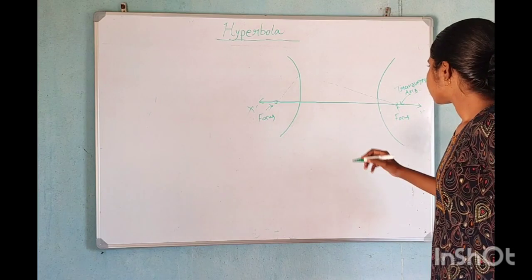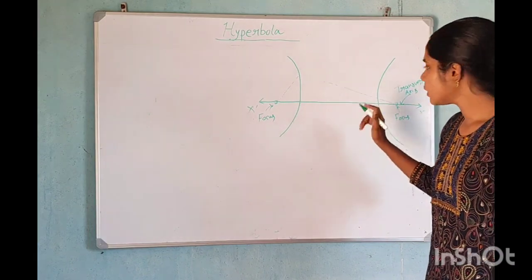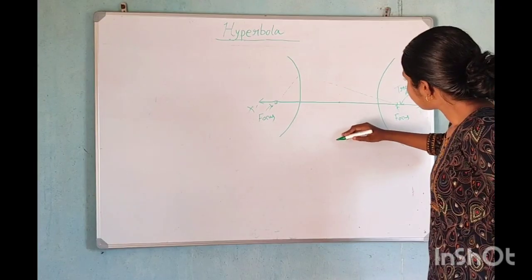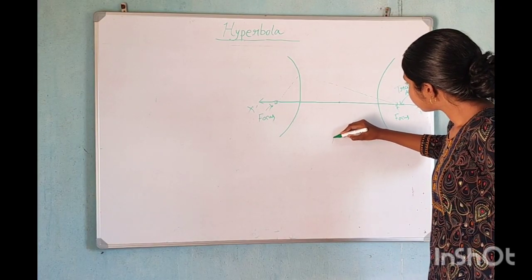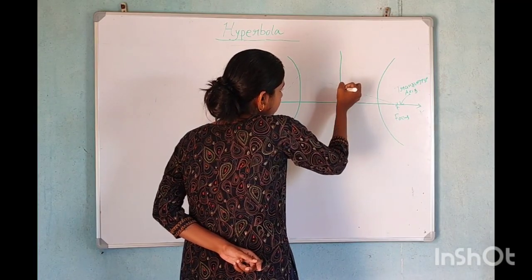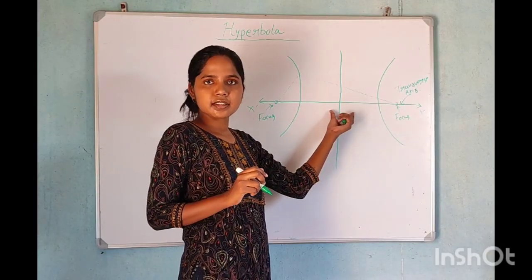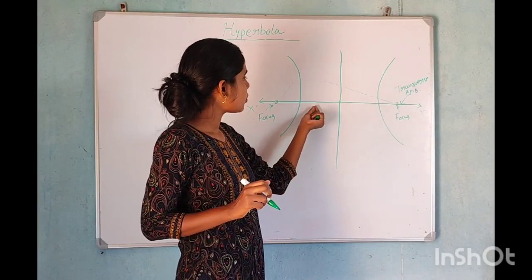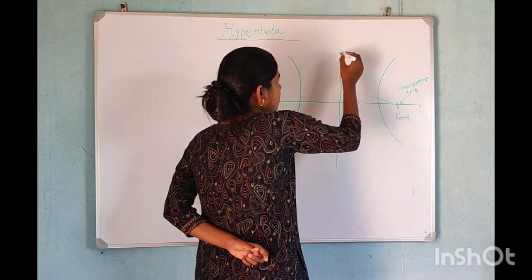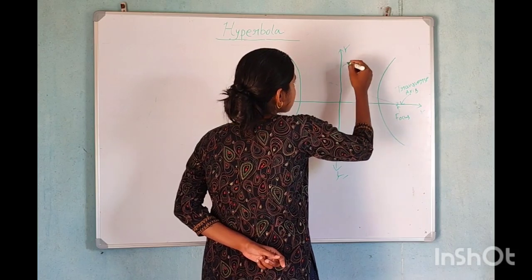And another axis: because this is a standard hyperbola, our center is at the origin, meaning at 0, 0. This line which is passing through the center and perpendicular to the transverse axis is called the conjugate axis. This is parallel to the y-axis. This is the conjugate axis.